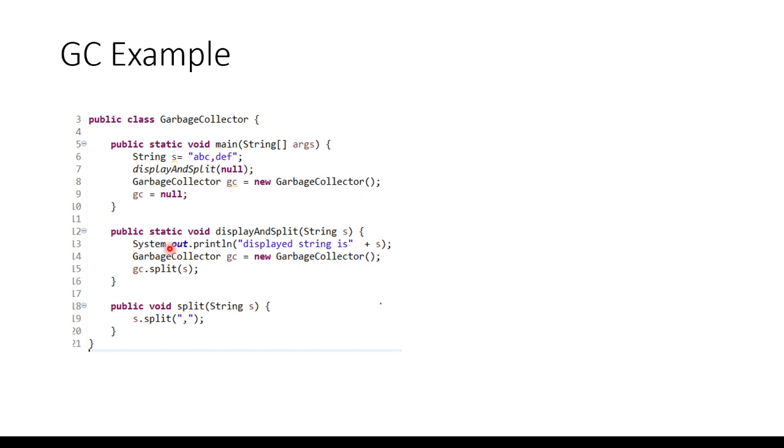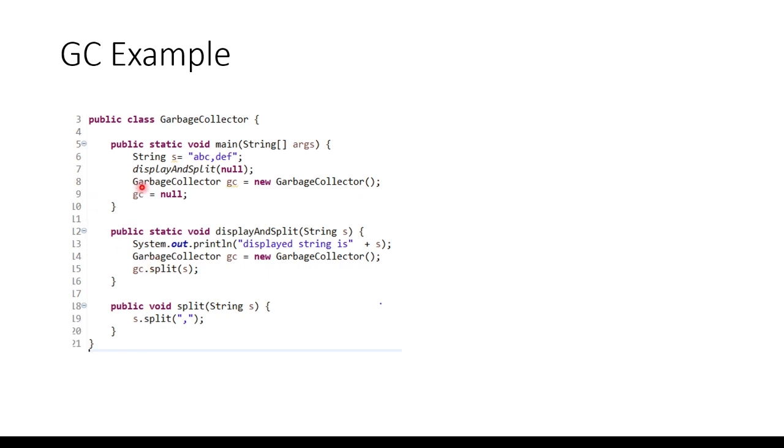Now the objects created in this scope are eligible for garbage collection, because the objects created in these methods which are already executed are now useless, meaning no one is using them. They are used only within that scope. So once this block of code is executed, all the objects created in that block will automatically be eligible for garbage collection.